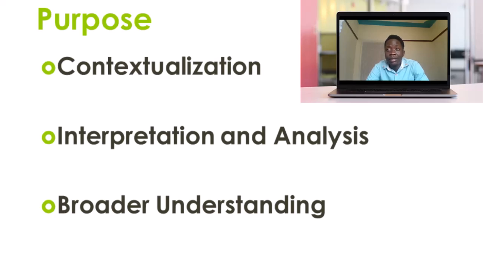So if you've known something small, let me say about a tribe, when you go to a secondary source, you will get more details about them. You can go to books, you refer to journals, you get so many things about them, so you'll be able to know. So you also have interpretation and analysis.